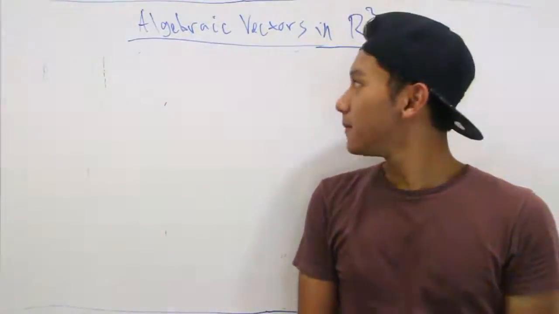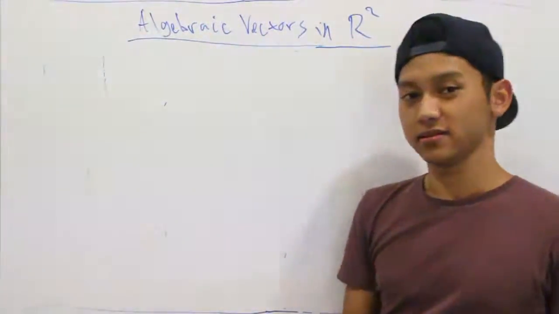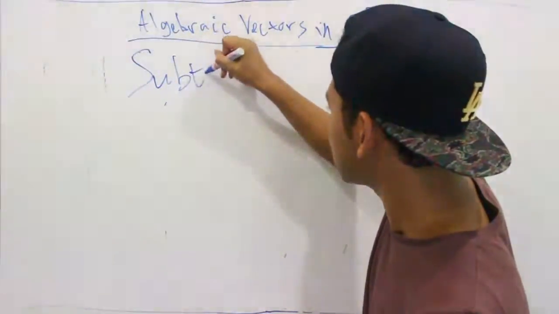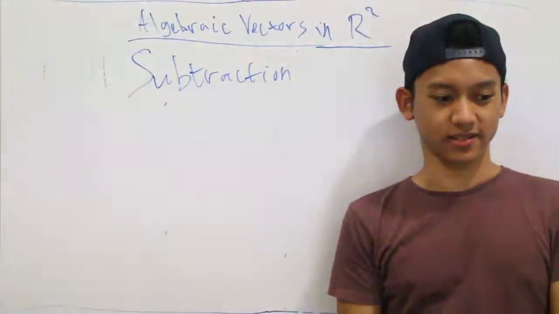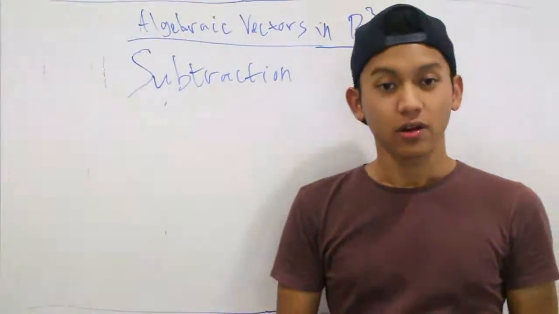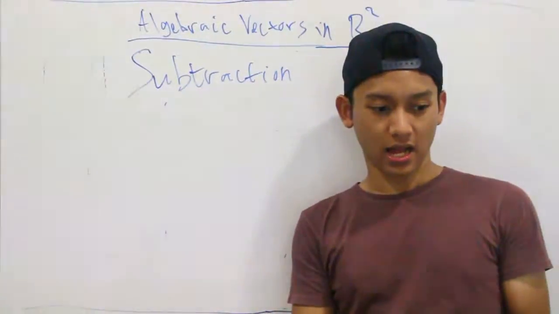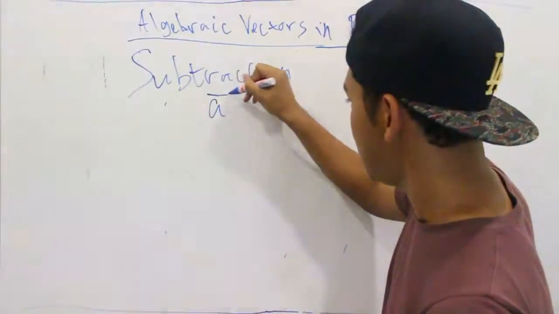Now we're going to talk about the subtraction of algebraic vectors in two dimensions. The difference of two-dimensional algebraic vectors can be written as follows.